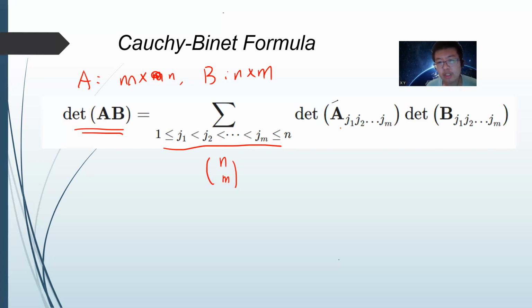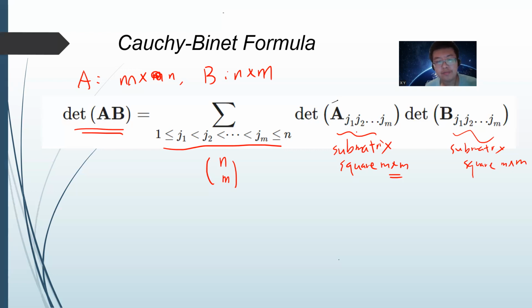Then you take A, which is a matrix, and you take only columns J1 up to Jm, so it becomes a sub matrix, which is square, m times m. And B is also a sub matrix, square, m times m, and you use these sub matrices to calculate determinants.